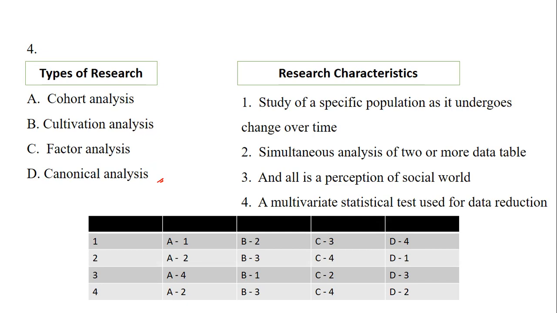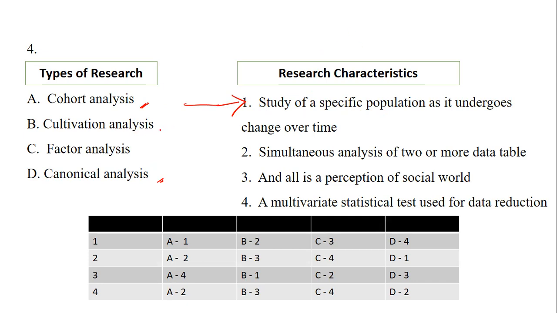So you have to now do the matching of the pairs, based on what I have explained. When I said cohort analysis, it is the study of a specific population. See the first match itself. It studies the specific population which changes over a period of time.